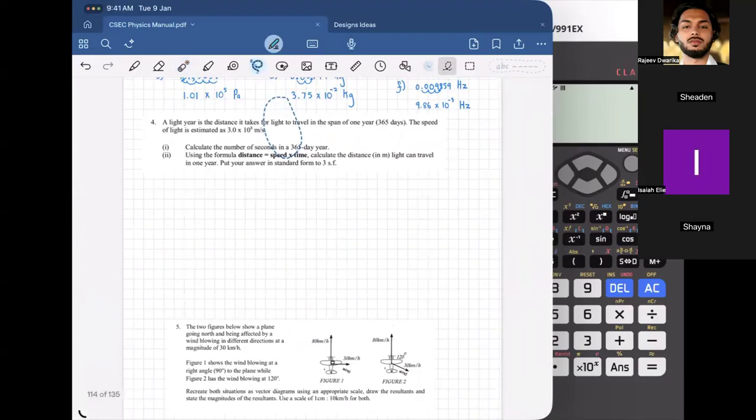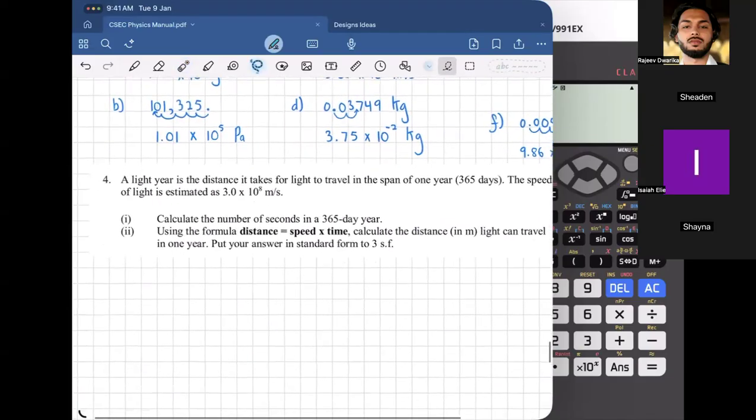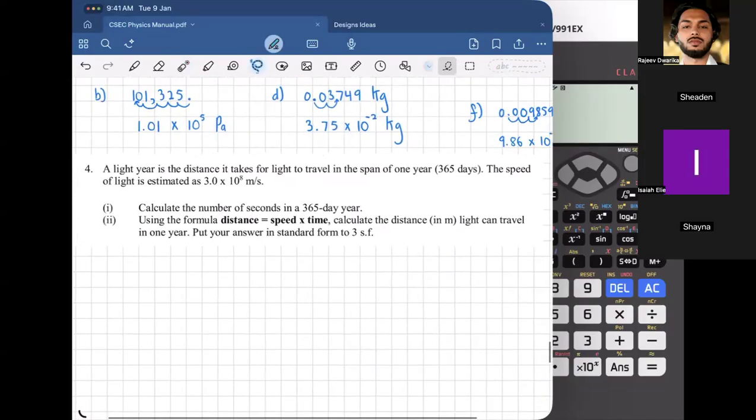Isaiah, help me with question 4. Right, I'm going to read the question, and Isaiah, you'll walk me through it. A light year is the distance it takes for light to travel in the span of 1 year, 365 days.